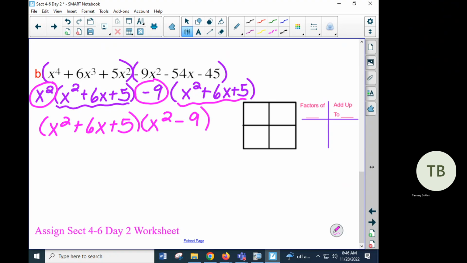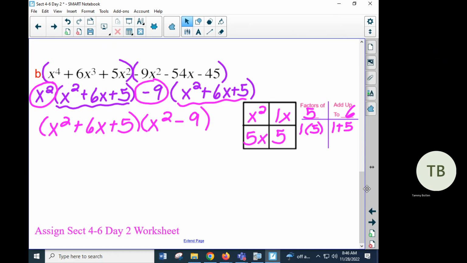Now, here I would have these, which should tell you I can factor that more. I'd have an x squared here, a 5 here, a 5 here, and a 6 there. What are two factors of 5 that add up to 6? 1 and 5, yep. So one of these would be 1x, one would be 5x.